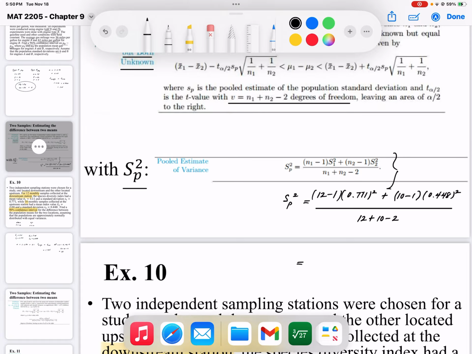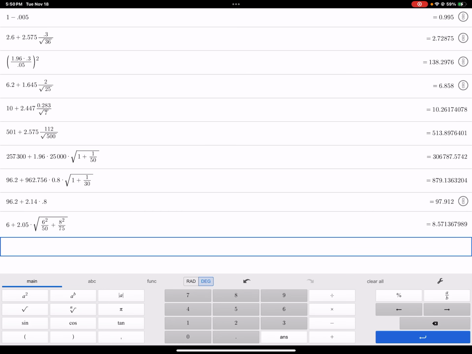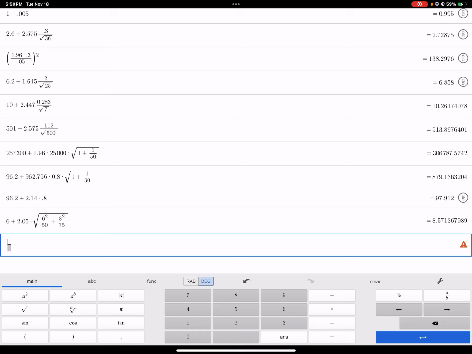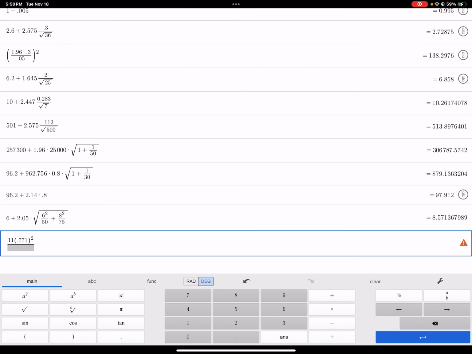All right, let's plug in that. And since we're using that number for a different value, we need to make sure we write enough variables so that we don't mess it up, okay? In the numerator, we have 12 minus 1, which is just 11. Let's not waste time there. 0.771, and we're squaring that, plus 10 minus 1, which is just 9.